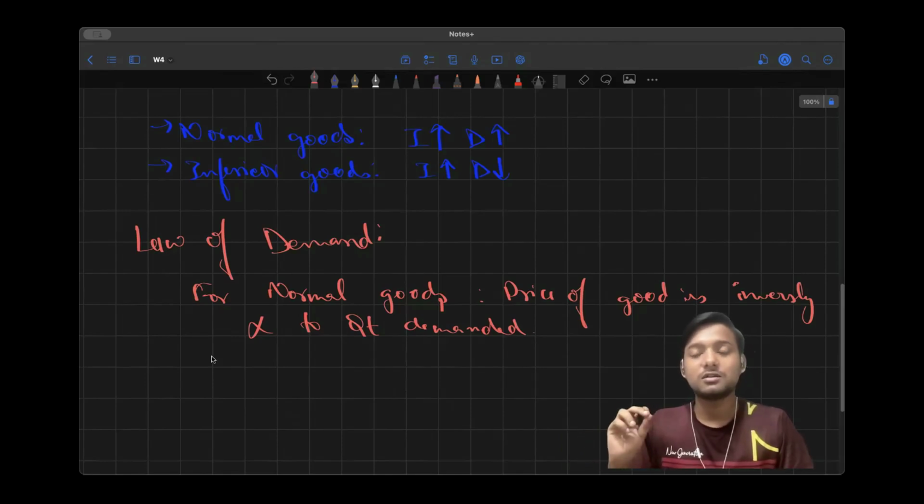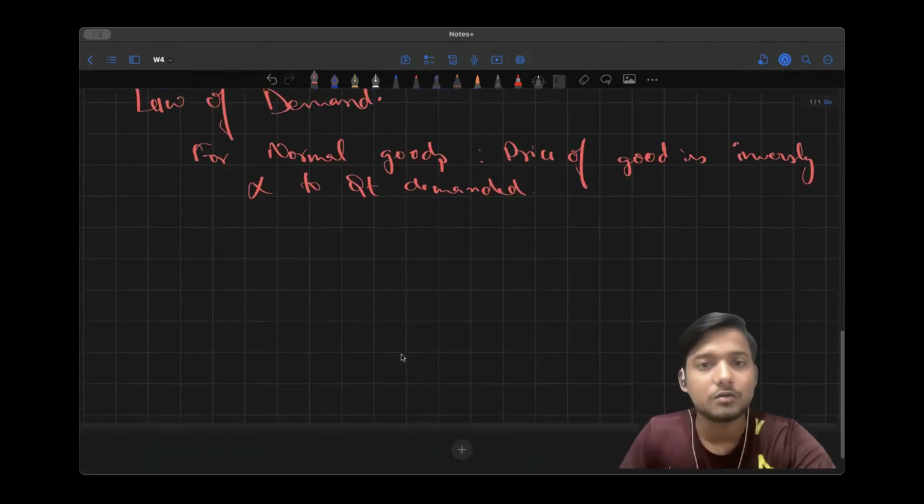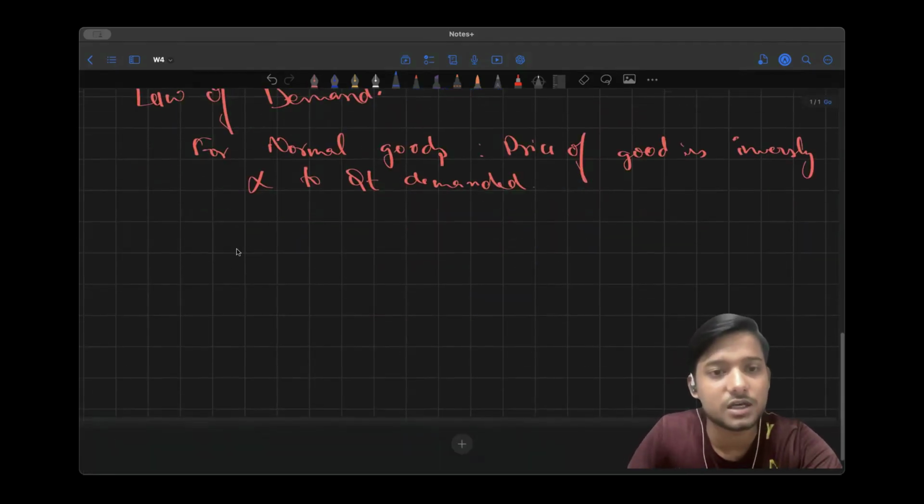So this is what the law of marginal utility states: when we keep on increasing consumption of some good, our satisfaction, which is utility, keeps on decreasing after a certain point. And this is one of the reasons why the price is going to be inversely proportional to the quantity demanded. Now let's have a look at the figure, how it looks.